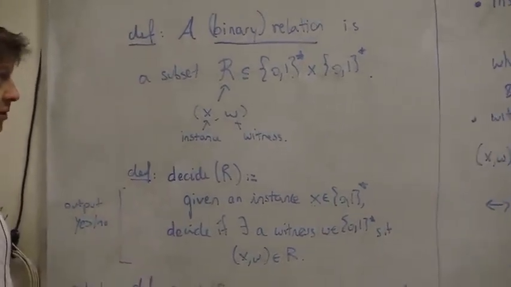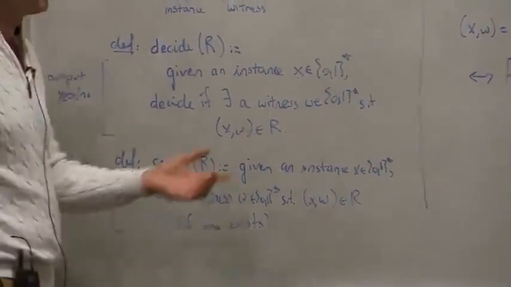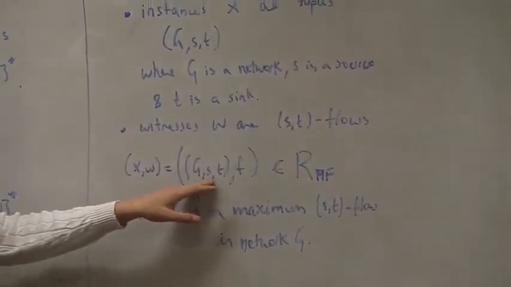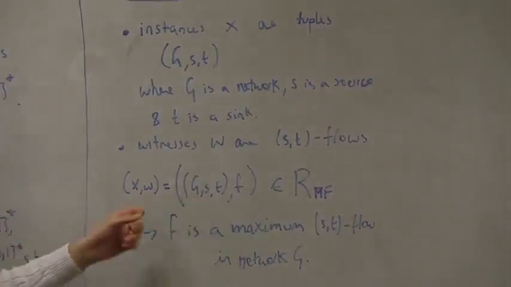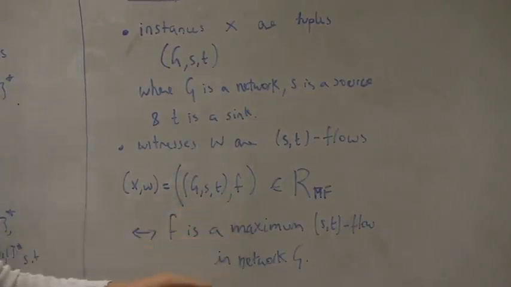Now the search problem associated to this binary relation is interesting, because it says, given an instance, in this case the network together with the source S and the sink T, please find a witness, in this case an ST flow, such that it is maximum on the network. So the search problem associated to this binary relation exactly models the search problem.